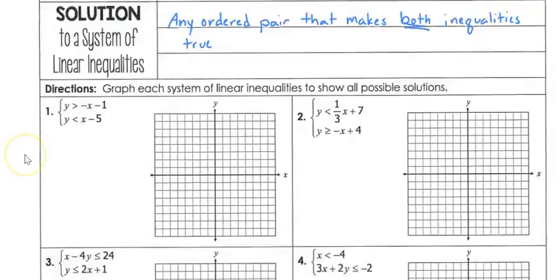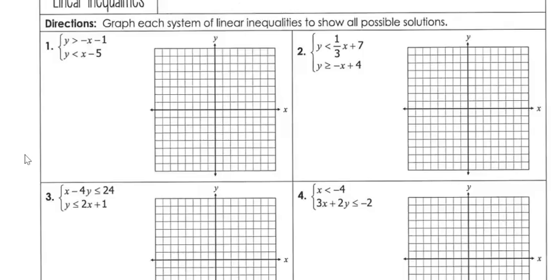Okay, so we'll do one to start. y is greater than negative x minus 1. So my first y-intercept is negative 1. The slope here for negative x is going to be negative 1 over 1. So I'm going to go down 1 over 1, down 1 over 1. I'm just going to do a couple and then do my best to draw a straight line on the computer.